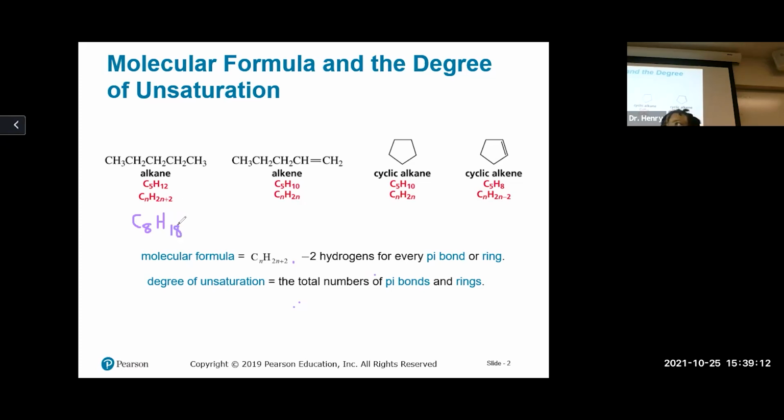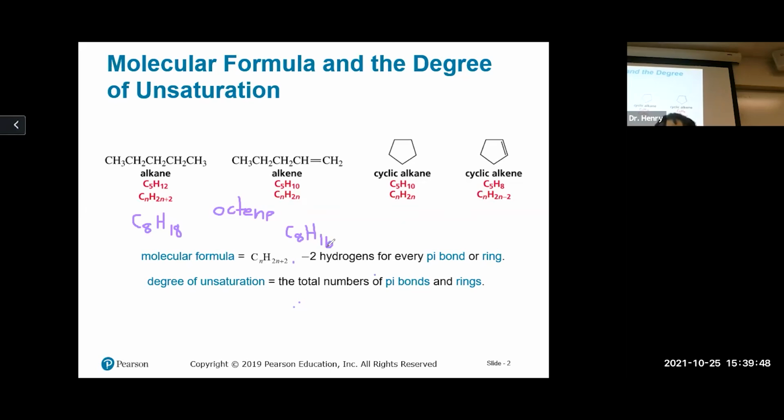Okay, so when we're talking about a single alkane, it's going to be CnH2n+2. So if we're talking about octene, where there's only a single double bond, then we're going to have C8H16.